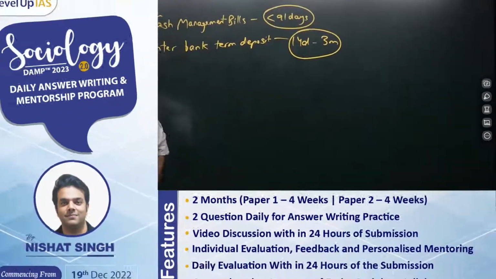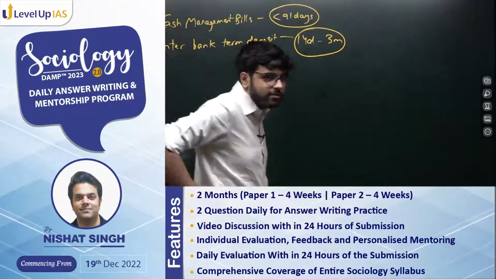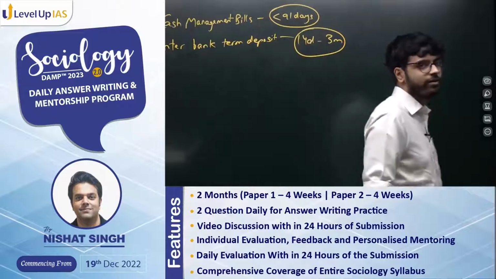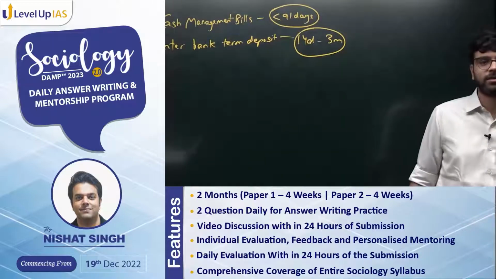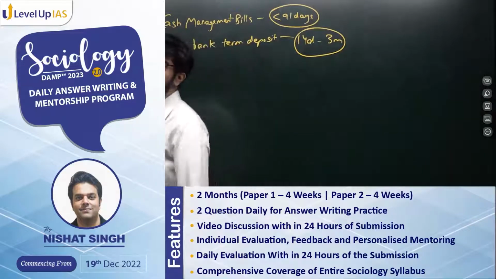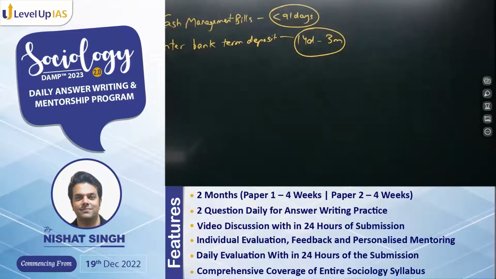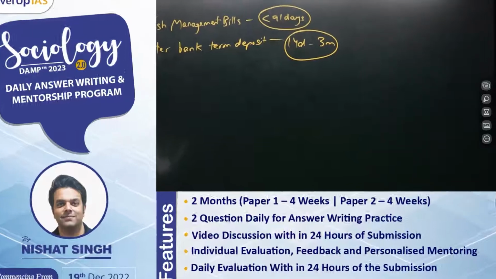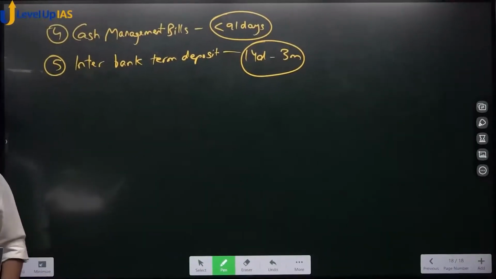Do you know what unicorns are? Have you heard the word unicorn? What is a unicorn? The one that comes in Harry Potter, the Patronus is a unicorn. Unicorns are those startups which are valued at more than $1 billion. Is there any unicorn in India?